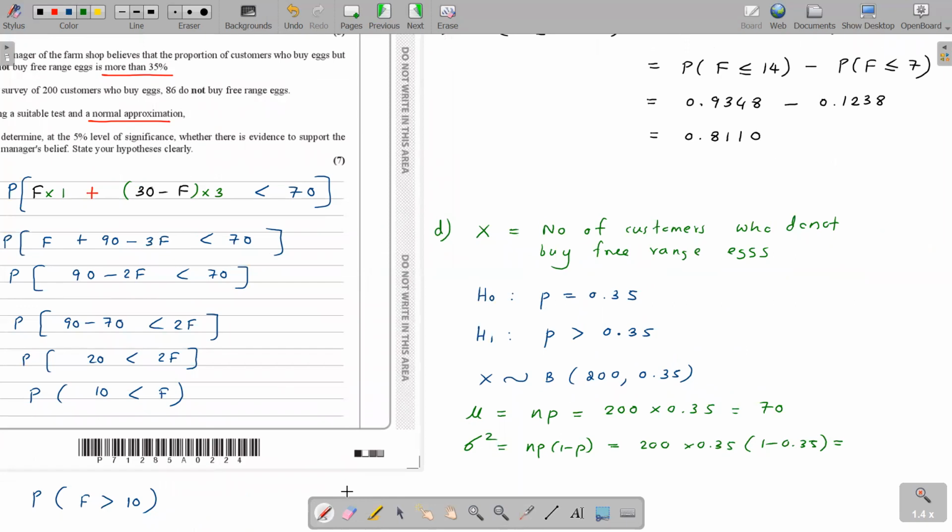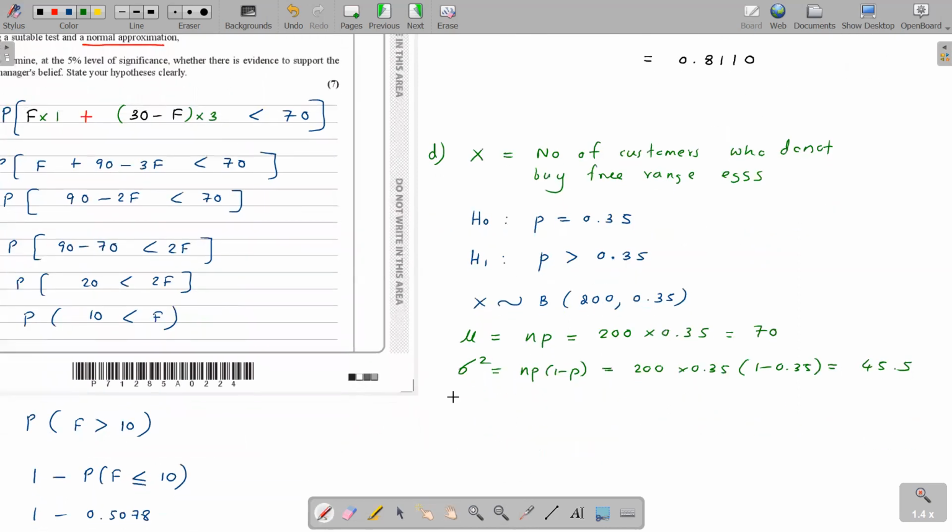How much is it? 45.5. So you can say here Y follows a normal distribution. Mean is 70, variance sigma square is 45.5. So sigma is the root of 45.5.